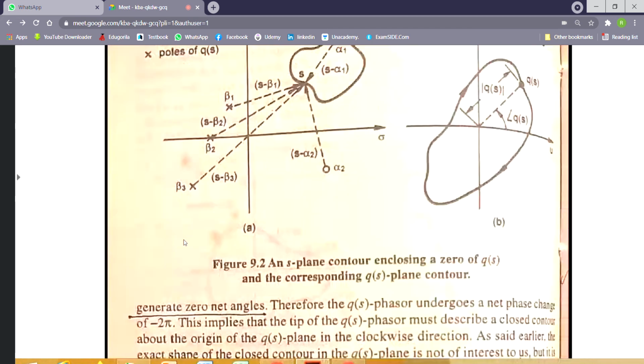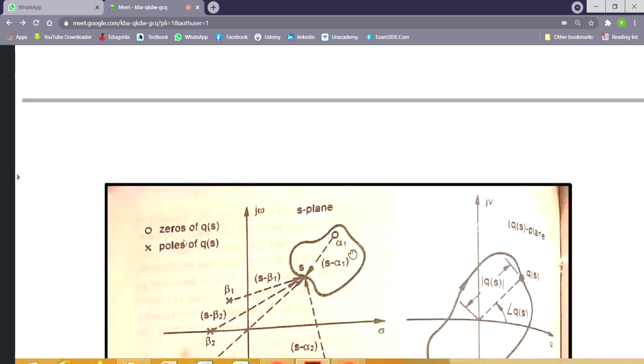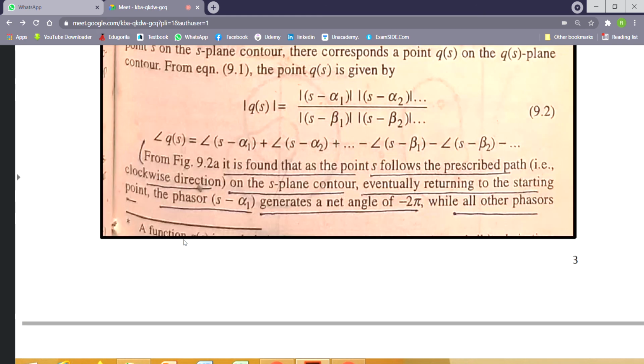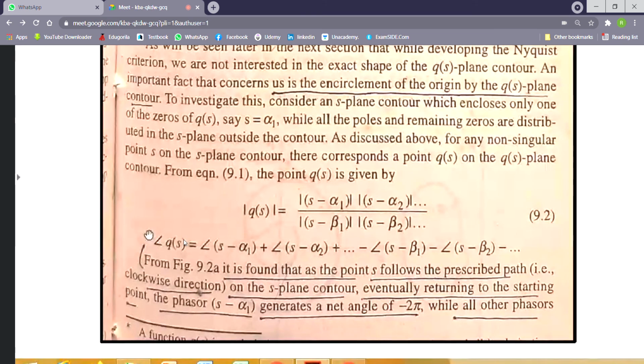Similarly, we can argue that if, instead of one zero, one pole of QS is enclosed by the S plane contour, and all other poles and zeros of QS are not enclosed by this contour, then the net change in angle of QS, delta QS, will be minus of minus 2 pi, that is plus 2 pi.